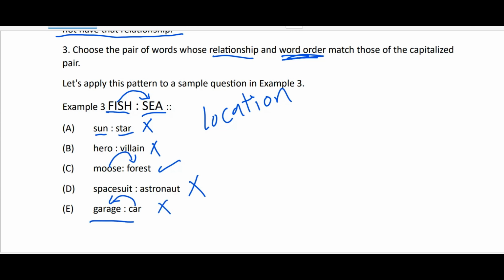If we have the car first and then the garage, it will be correct. But here we have the location first, the garage, and then the object, the car. So can we find the garage in the car? No. So yes, it is a location relationship, but not in the same order. This is how we deal with the word analogy question.